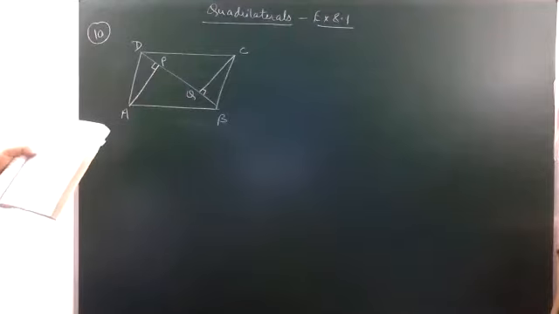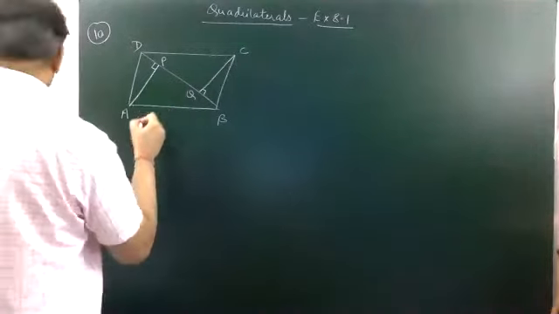We have to show that triangle APB is congruent to CQD. So APB and CQD, right?